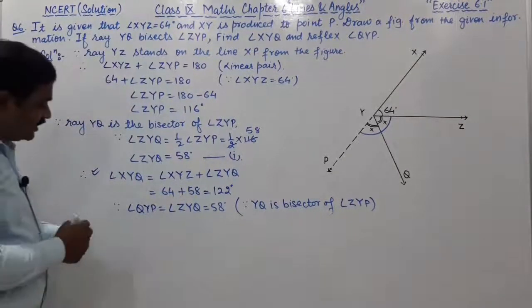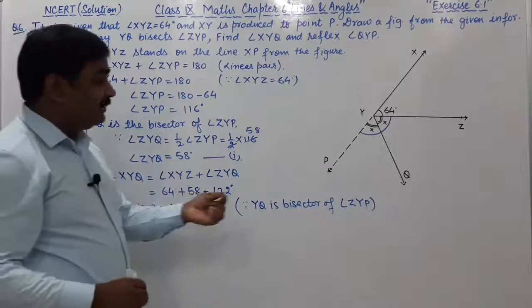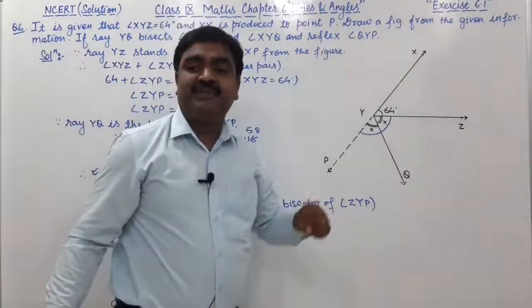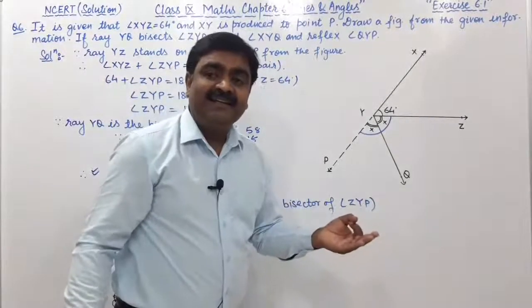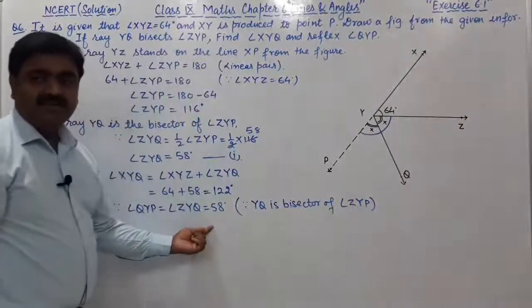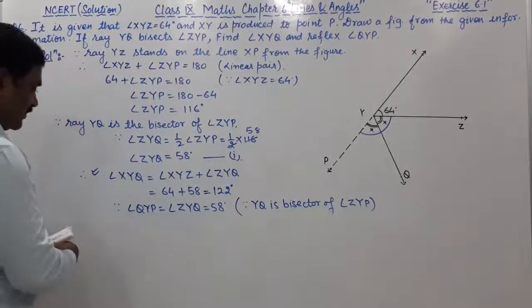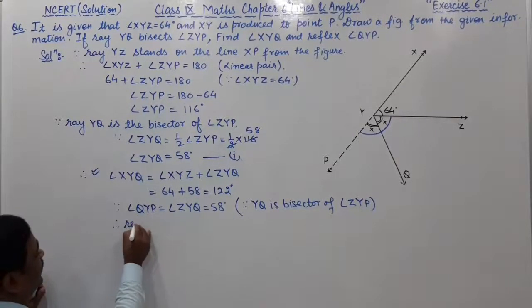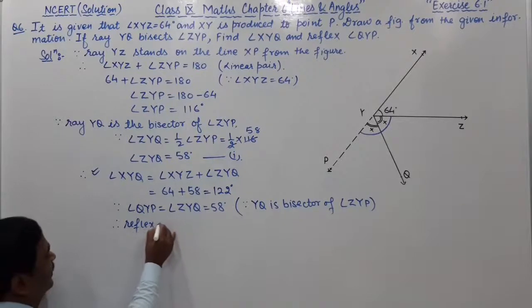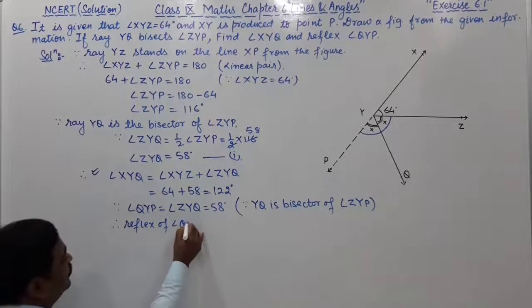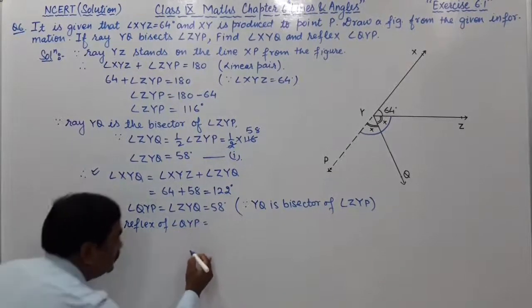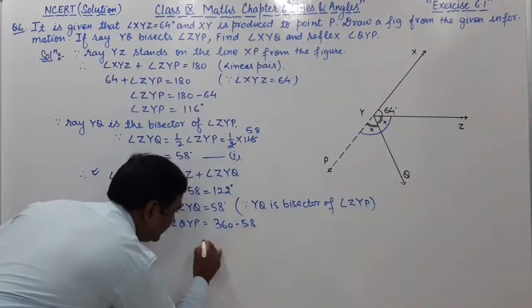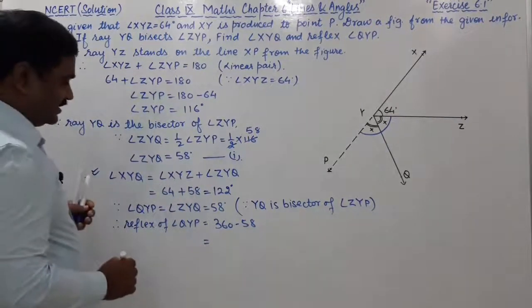Reason we need to write down. Okay, now we got the measure of angle QYP. We found the measure of angle QYP, but what do we have to find? The reflex of this. So to find the reflex, what do we do? Subtract this angle from 360. Therefore reflex angle QYP is equal to 360 minus 58. You have to subtract it. You will get your answer.